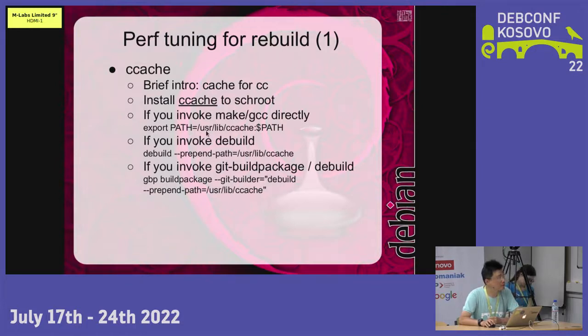But it only applies to compilers like GCC or Clang if you invoke them directly, where you can change the PATH variable. If you want to use high-level build tools like dbuild or gbp buildpackage, you need to use the following command to invoke ccache.